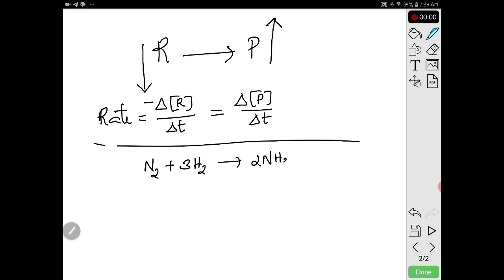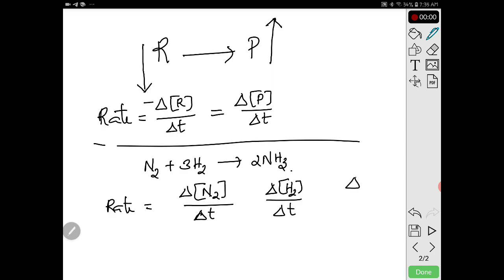Then the rate of the reaction could be written with respect to the molar concentration of the reactants, that is the change in molar concentration of nitrogen with respect to time, the change in molar concentration of hydrogen with respect to time, and the change in molar concentration of NH3 with respect to time.